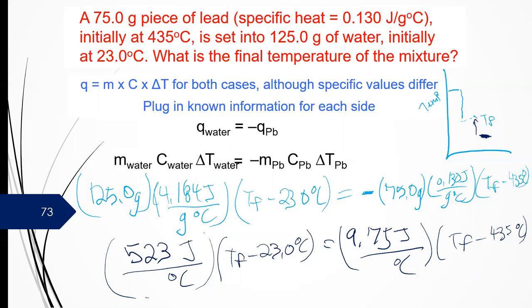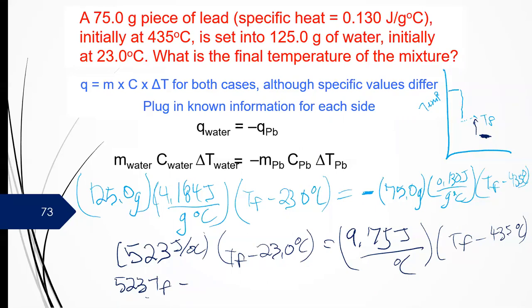So I'm going to take 523 and multiply that by its final temperature. This becomes 523 times its final temperature minus 23 times 523, which is 12,029 degrees Celsius.